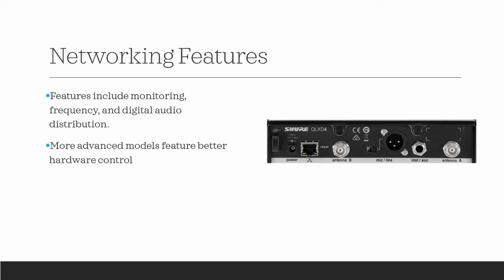As we get more advanced, we definitely are looking at what we've got in terms of networking ability. Basically, as we move up in these product lines, the more advanced models are going to feature better hardware control, better monitoring, and better options for frequency coordination. So in terms of networking, that's really what we're getting into.